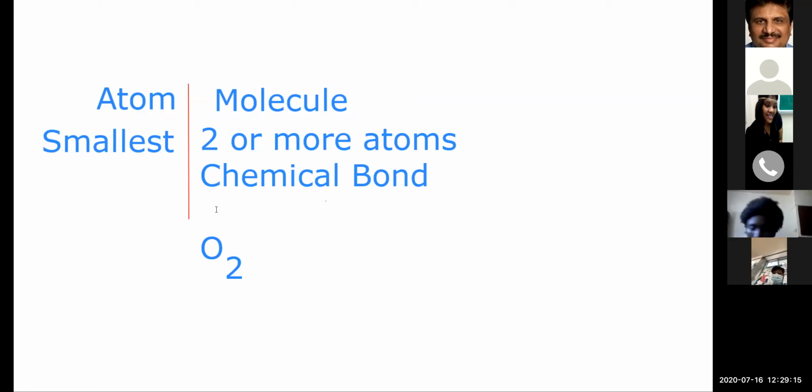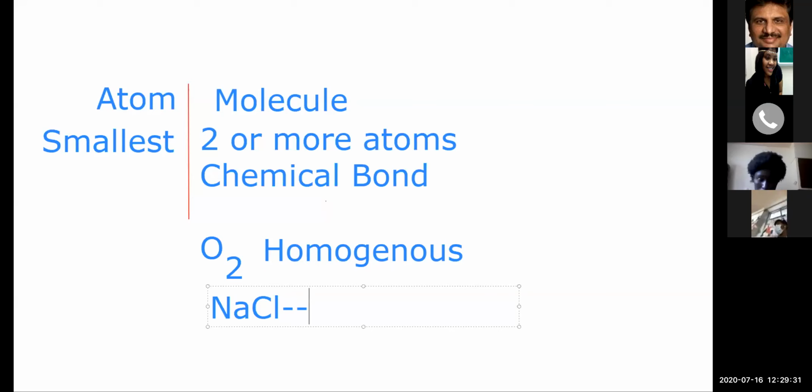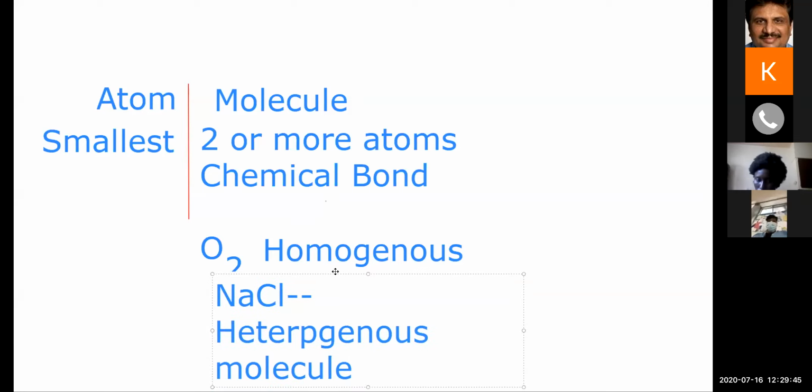So these kinds of molecules are referred to as homogeneous. There could be a situation such as a molecule, sodium chloride, which is a common salt. This molecule is made up of two different atoms. So this is a heterogeneous molecule, right? So an atom is the smallest particle that can exist by itself.